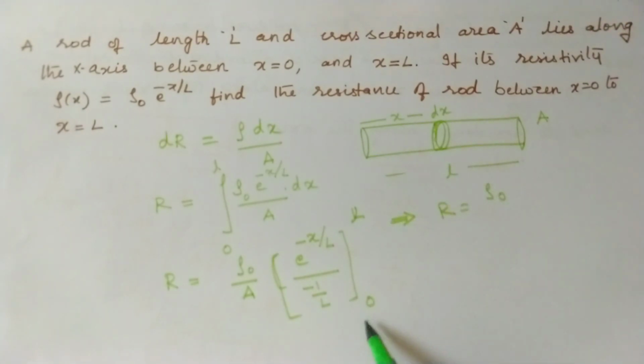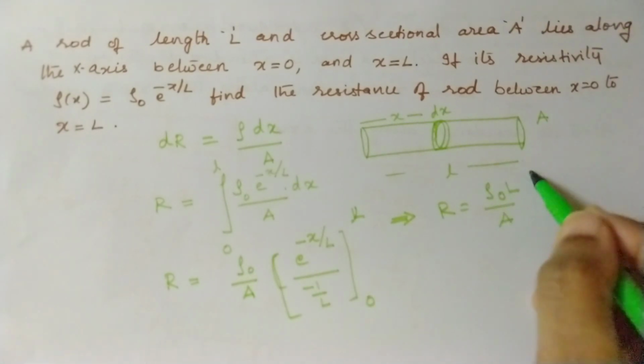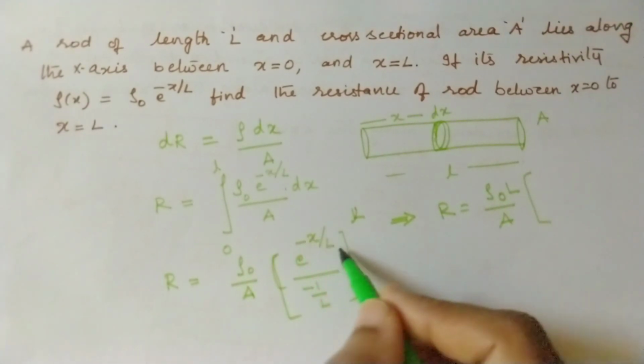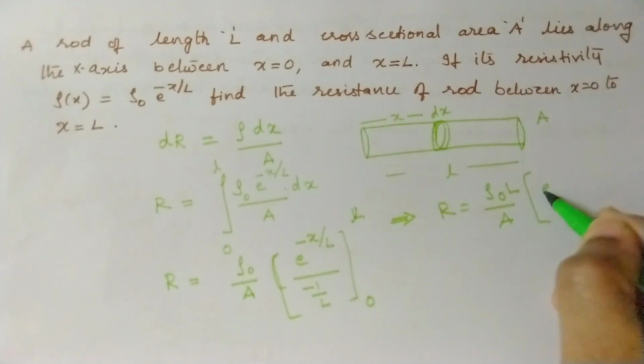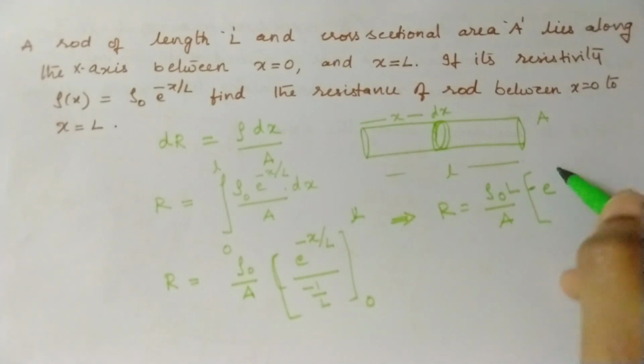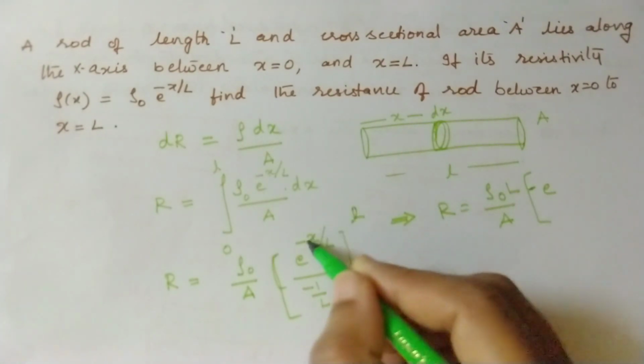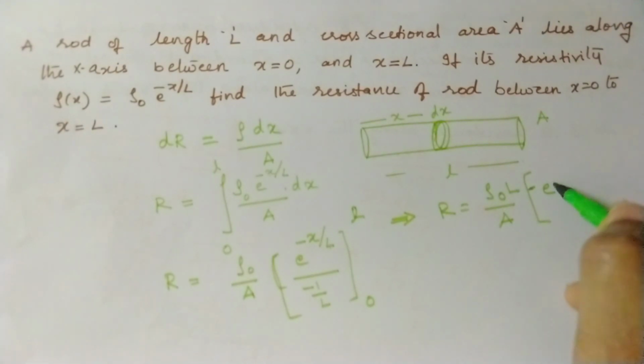Rho naught, L comes to the numerator, by A, e to the power minus x by L. When you put the limits, in the place of x if I put L, L by L would be 1, so e to the power minus 1, and minus of minus is plus.